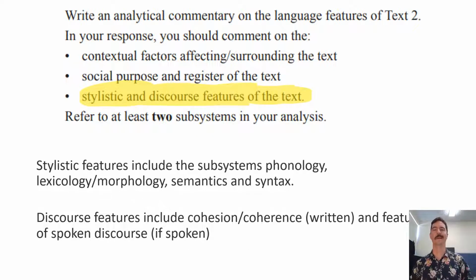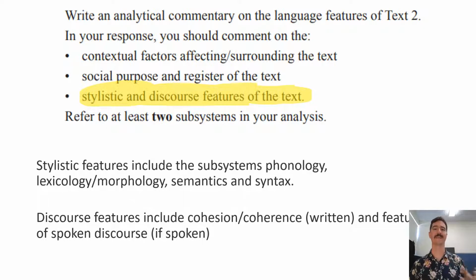Then of course, this is as open as it can be: stylistic and discourse features of the text. Stylistic features includes everything: all the metalanguage, phonology, lexicology, morphology, semantics and syntax, and discourse on top of that, focusing especially on all the features that you notice.